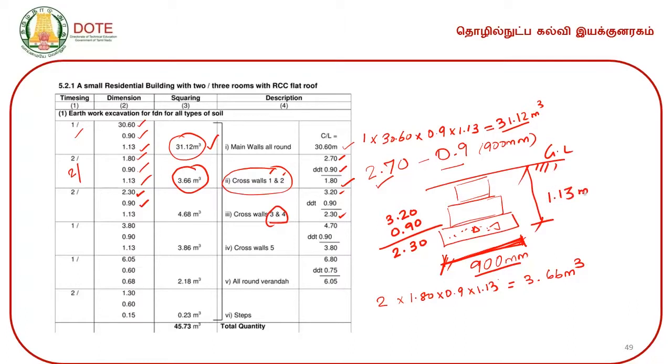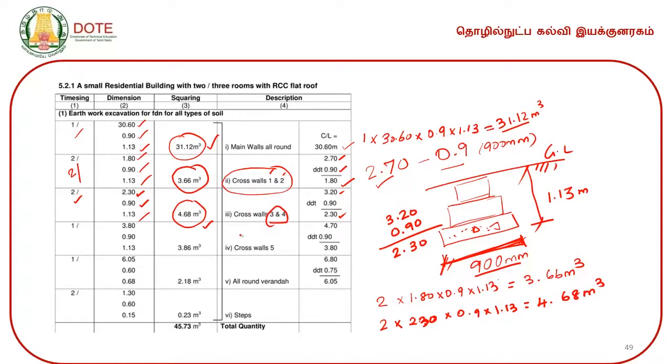So 2 into 2.30 into 0.9 into 1.13 gives 4.68 m cube.